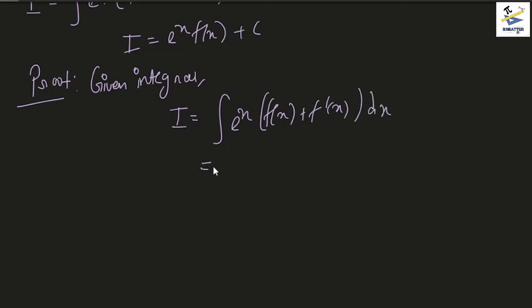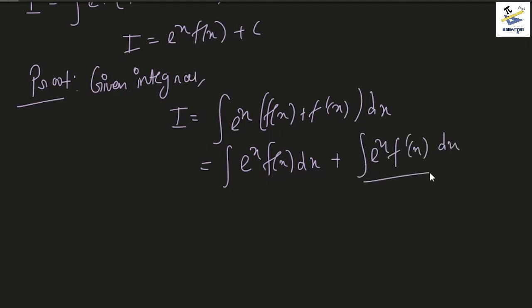Now let us separate it into two different parts, that is e to the power x into f of x dx plus e to the power x into f prime of x, or derivative of f of x, dx. So let us try to break down this second integral. Name this integral as B.